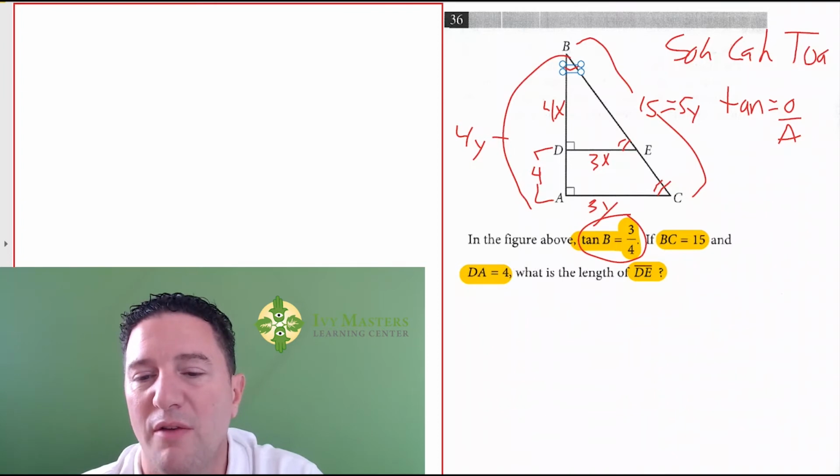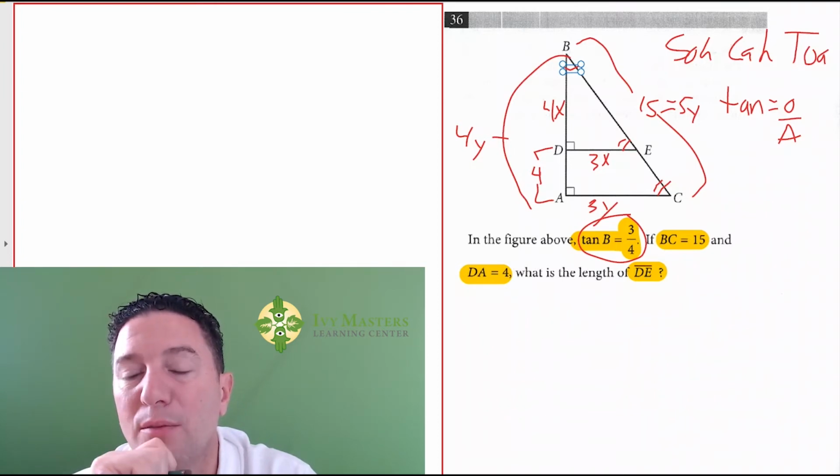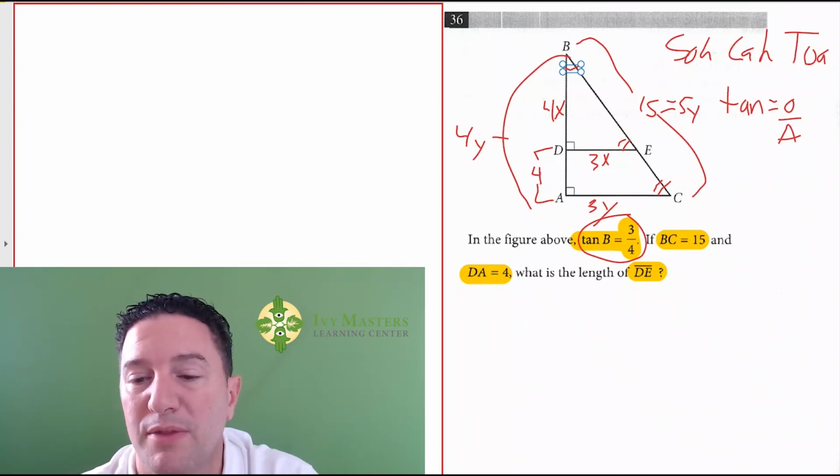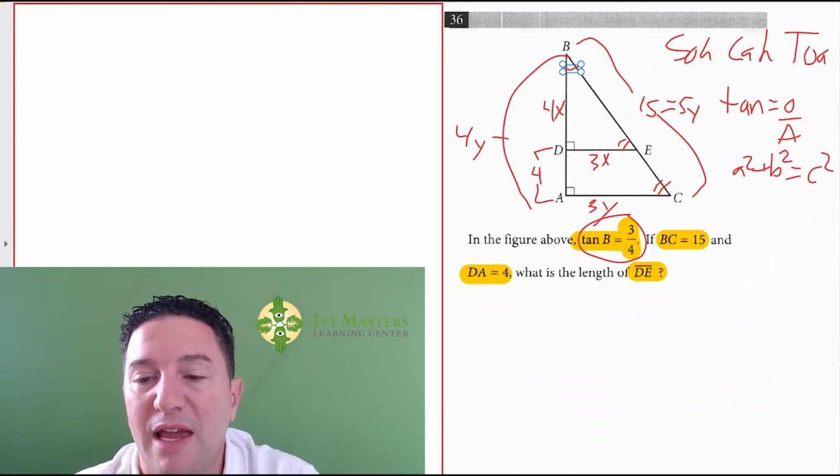Another way to solve that, even if you don't see the Pythagorean triple 3, 4, 5, is to use the Pythagorean theorem, a squared plus b squared equals c squared. Your a in this case is 3y squared, plus b squared, your b in this case is 4y squared, equals c squared, which would be 15 squared.